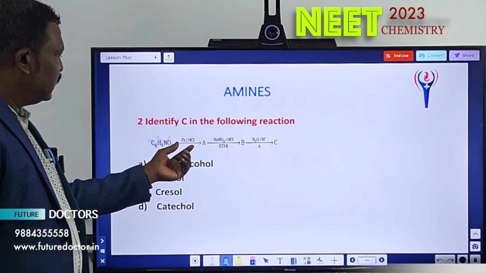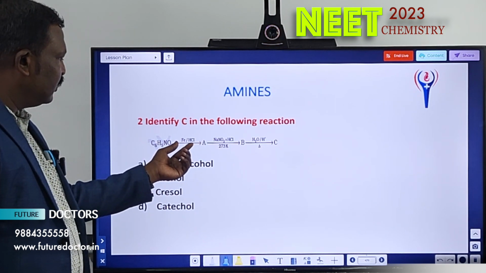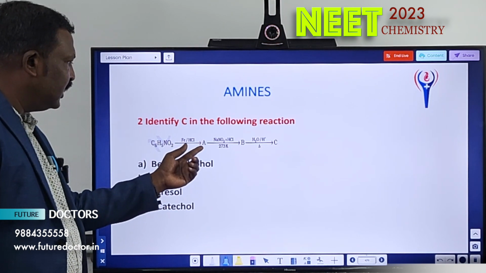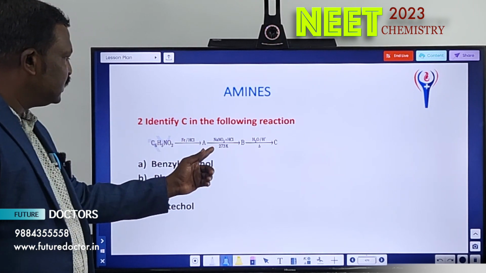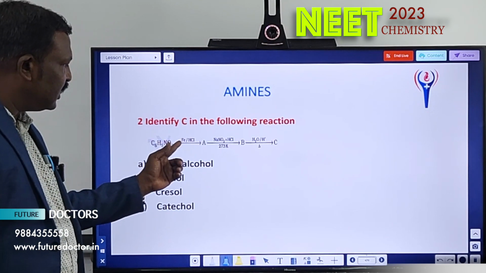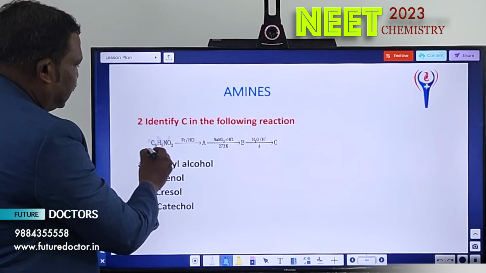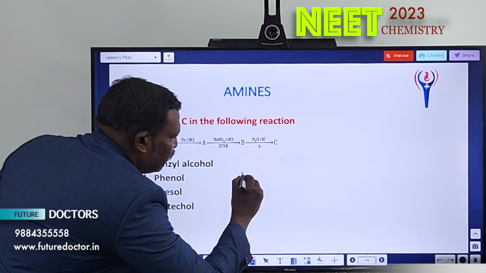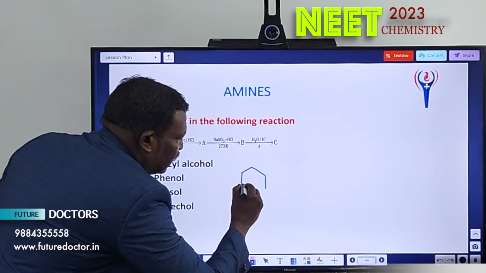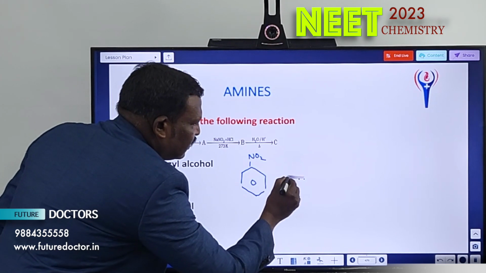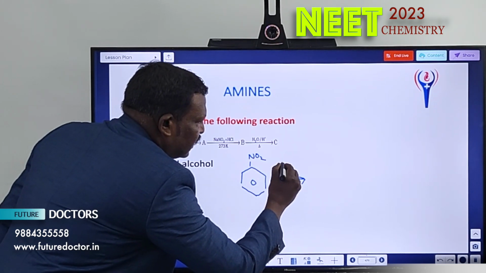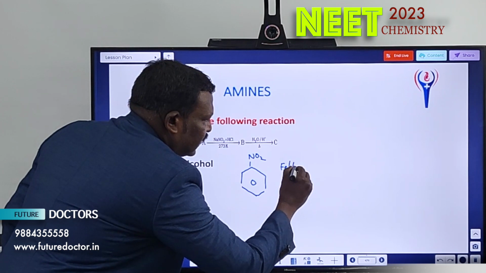Nitrobenzene reacts with Fe and HCl to get A. NO2 becomes NH2 when we add tin and HCl or iron and HCl. So the first reaction is that simple one: nitrobenzene reduced by iron and HCl. Iron and HCl or tin and HCl are all reducing agents.